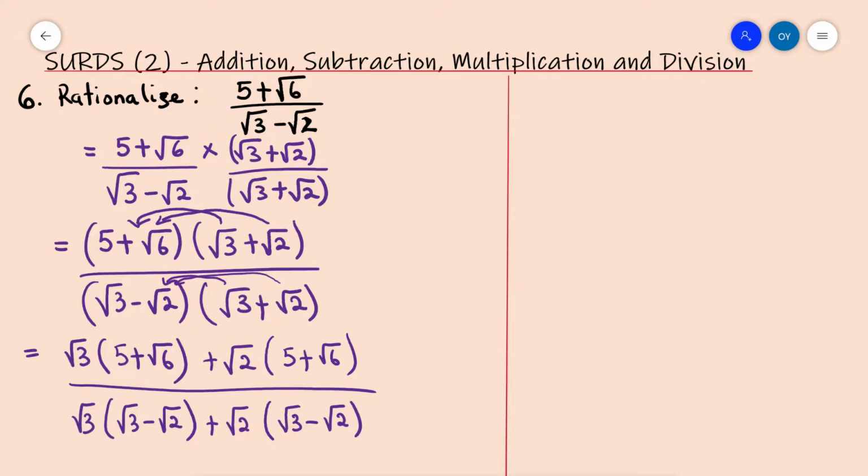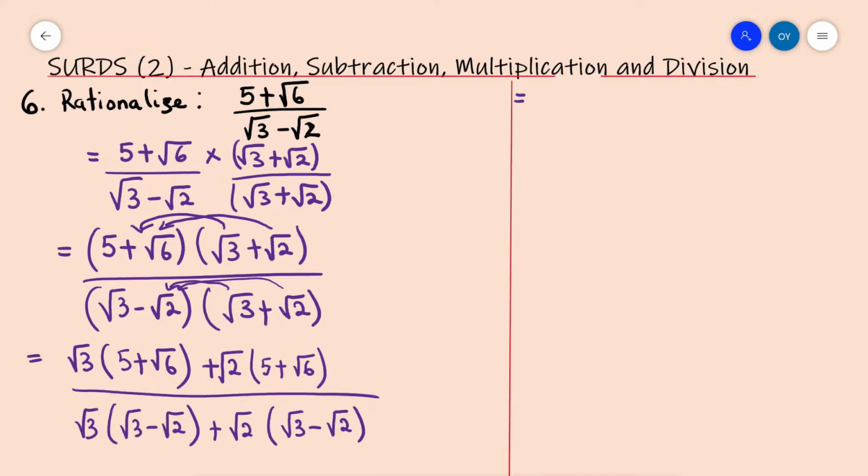So now we expand. Root 3 times 5 is 5 root 3. Then root 3 times root 6, that would give us plus root 18. Then plus root 2 times 5, that gives us plus 5 root 2. Then root 2 times plus root 6, that's plus root 12.